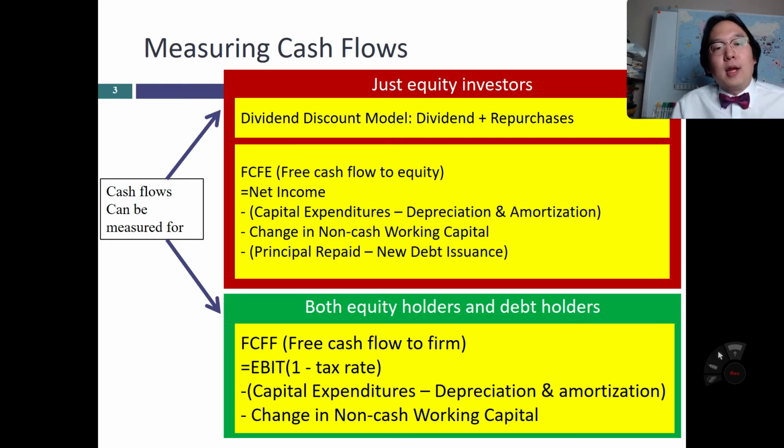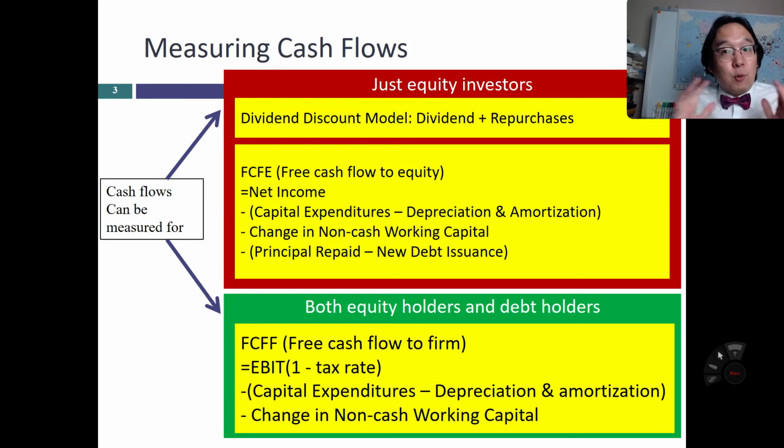FCFE. Just to throw you a formula first, this starts from the net income, and then you subtract out investment amounts, which is your capital expenditure, and then change in net working capital or non-cash working capital. Whether you call it this way or that way does not matter. It's all about working capital. For capital expenditures, you have to adjust for the depreciation amount in the cash flow statement.